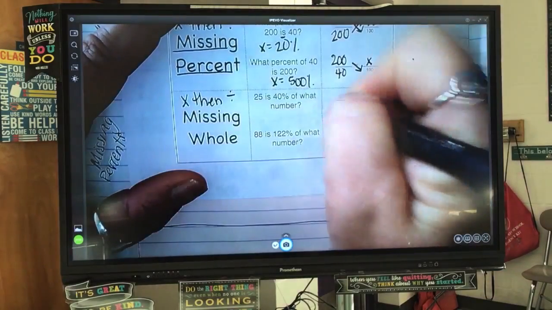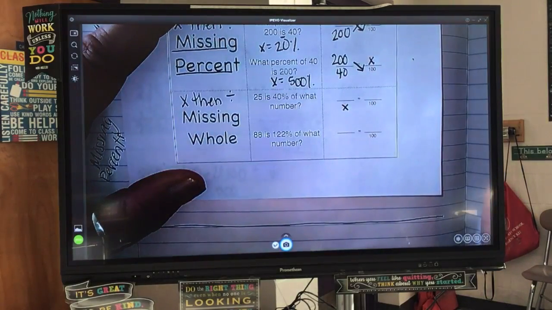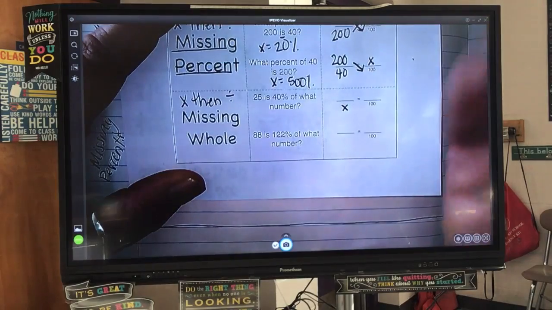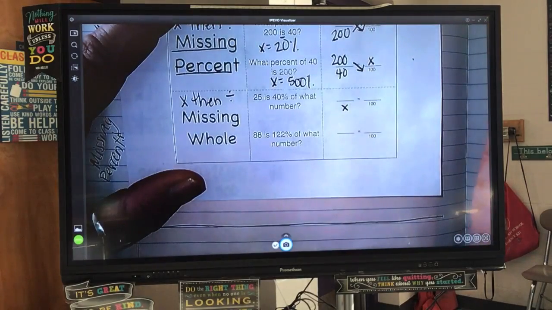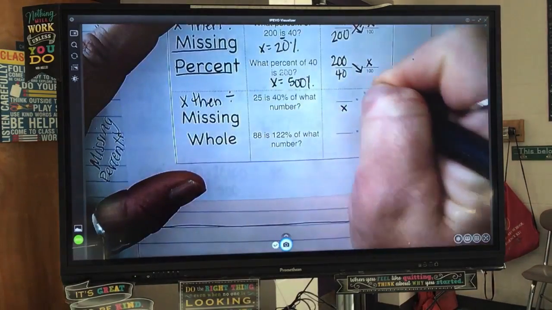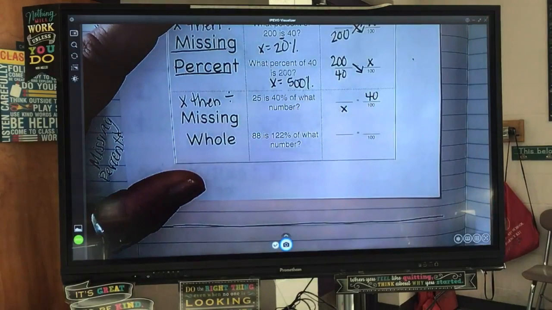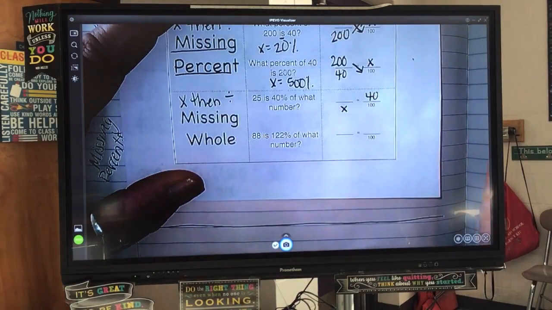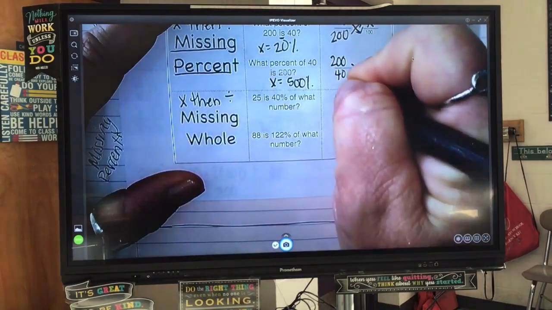What about our 40%? Where does that go? Above the 100. And then where does our 25 go? There's only one place left. Above the X.